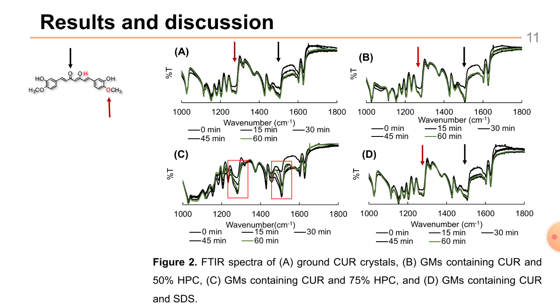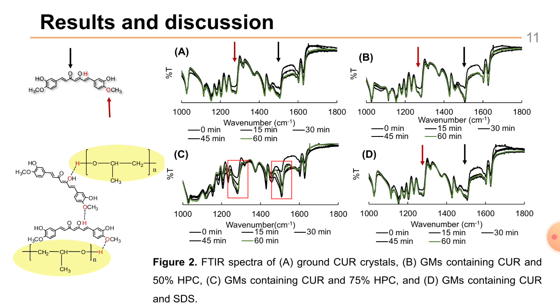As the amount of HPC in the mixture increased up to 50%, the variation of this peak was also observed. In addition to the curcumin and curcumin hydrogen bond, the hydrogen bond between curcumin and HPC coexisted, particularly in GMs containing over 75% HPC.